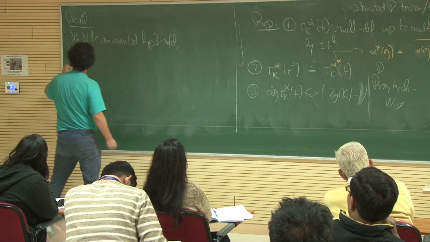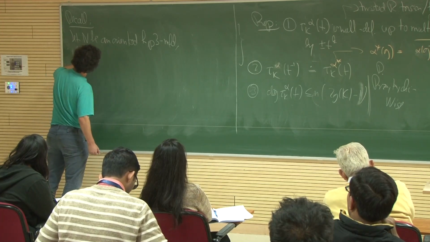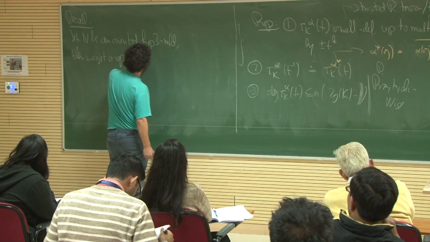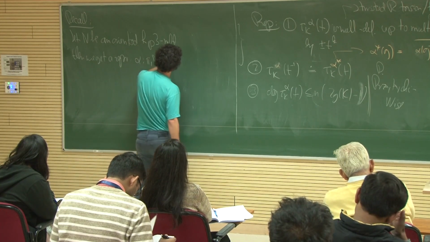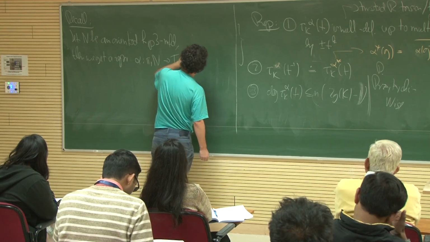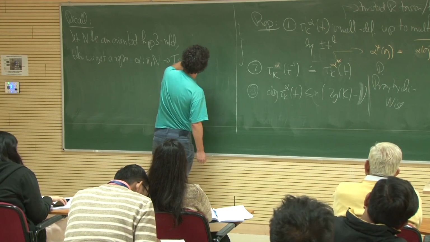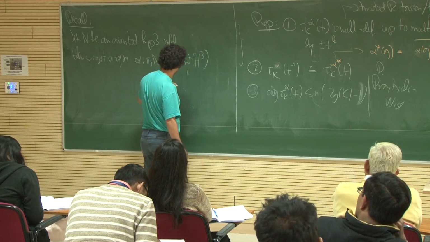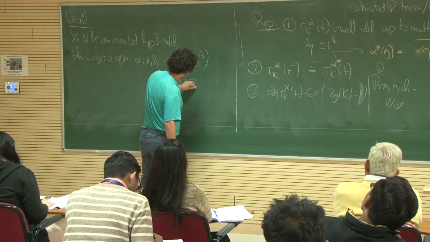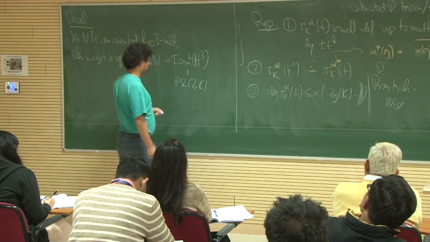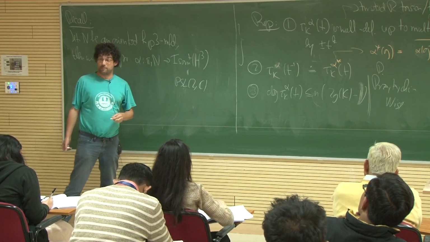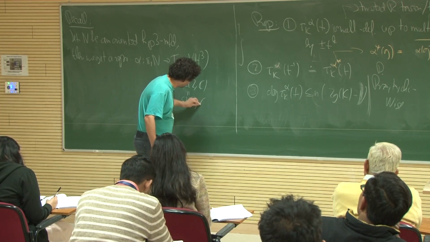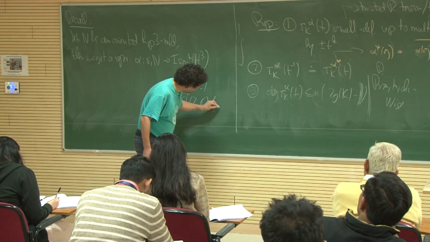Then we get a representation alpha from pi_1 of N to the orientation preserving isometries of H3. And what matters for our story is that that is, for mysterious reasons, the same as PSL2C. And what's PSL2C? That is just SL2C modulo plus or minus identity.